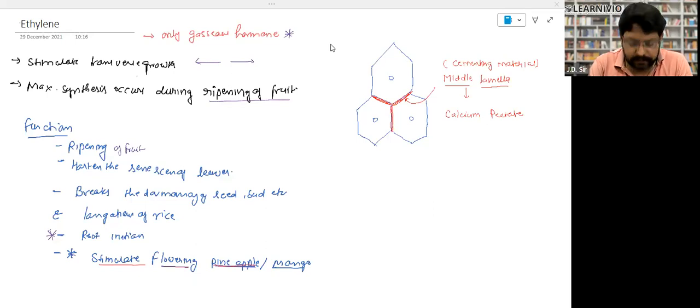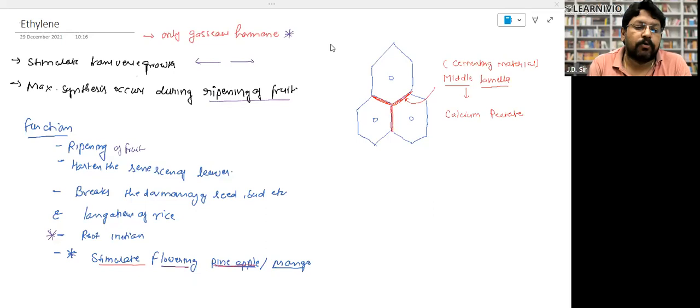At the time of ripening, the middle lamella of the fruit cell gets dissolved.